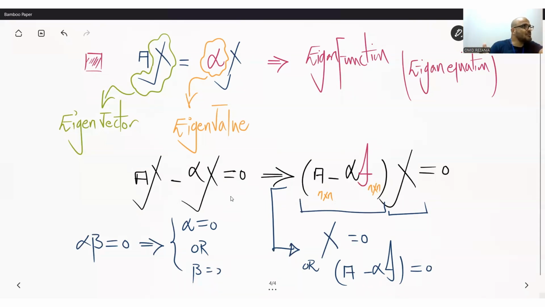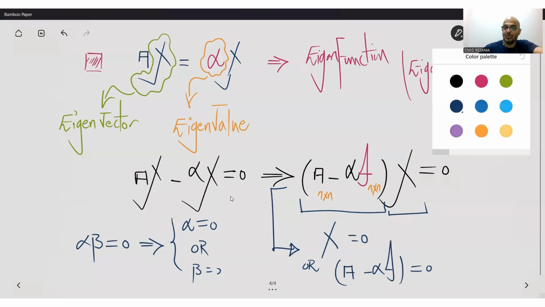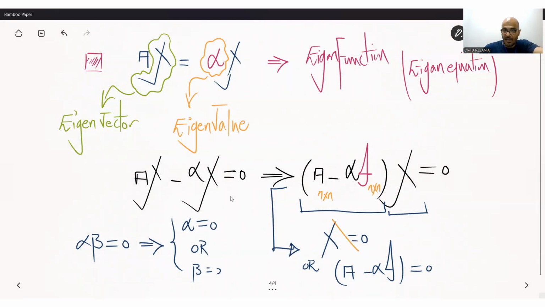You can have a much shorter version to represent that thing. If x becomes zero, that matrix doesn't exist, and I don't love it. So this cannot be true. The only thing which can possibly be true is that A minus alpha I becomes zero.